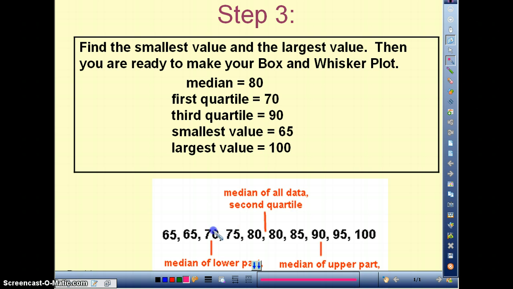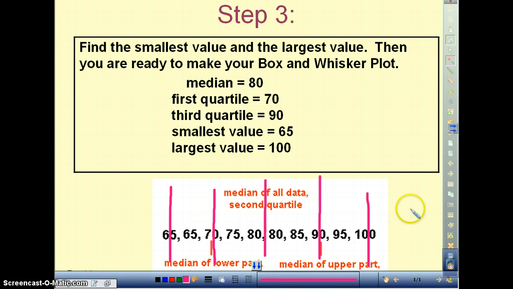You can see that if that's my lower part of my data, then if I do this, and if I do this, and if I do this, I've divided my data into 4 equal groups, so I can see the spread of my data. All right, I've got my median at 80, my first quartile is 70, my third quartile is 90. I also need to know my low value and my high value. If I've got those 5 points, I can make a box and whisker plot.